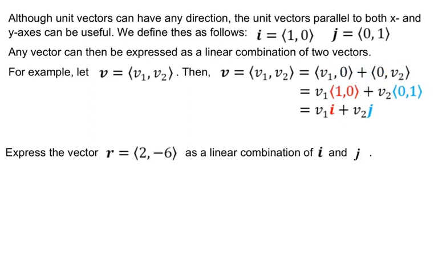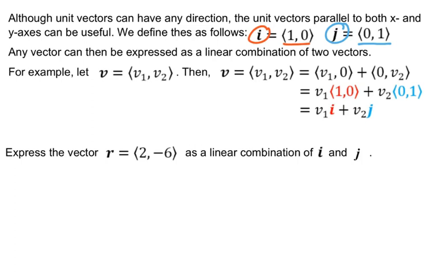And I can check this by adding these back together. So if I have it written like this, I can factor out a GCF v sub 1. That leaves me with v sub 1 times 1, 0. I could factor out v sub 2, which leaves me with v sub 2 times 0, 1. 1, 0 is equal to i, and 0, 1 is equal to j.